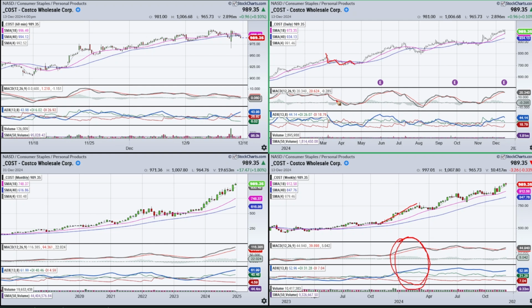So we have to check out the MACD and the ADX on the decline phase, and see if there's any strength in the sellers. If there's strength in the sellers, then we want to be a little bit more delicate about waiting. We're looking for more confirmation for it to get back to the upside.